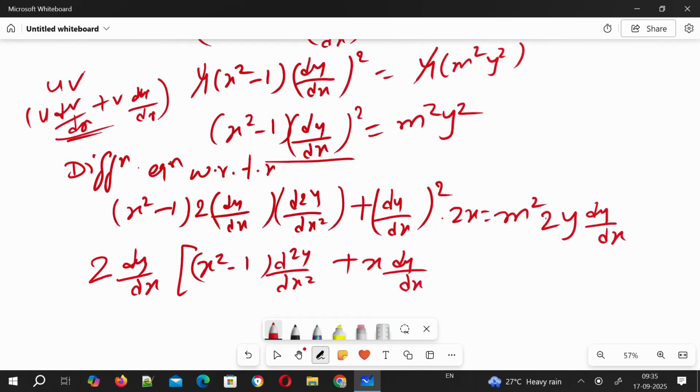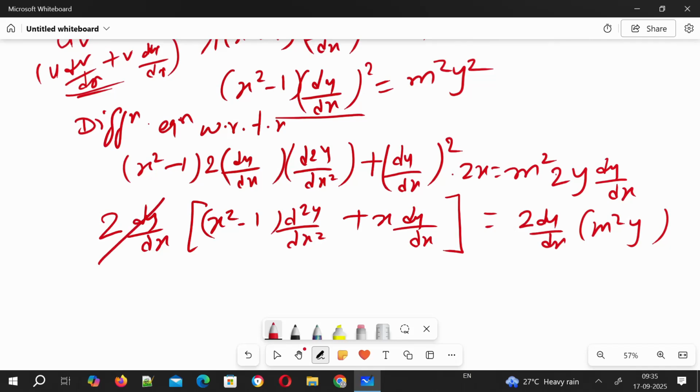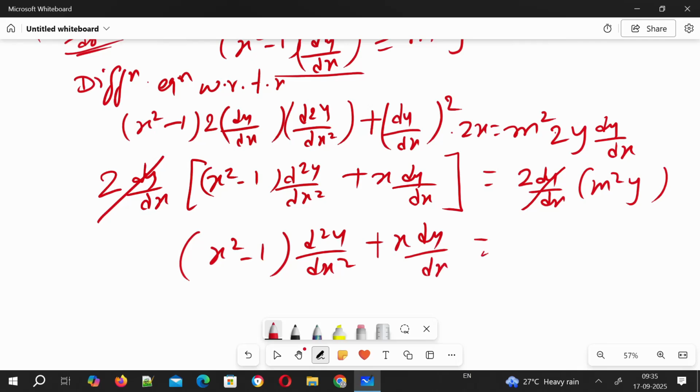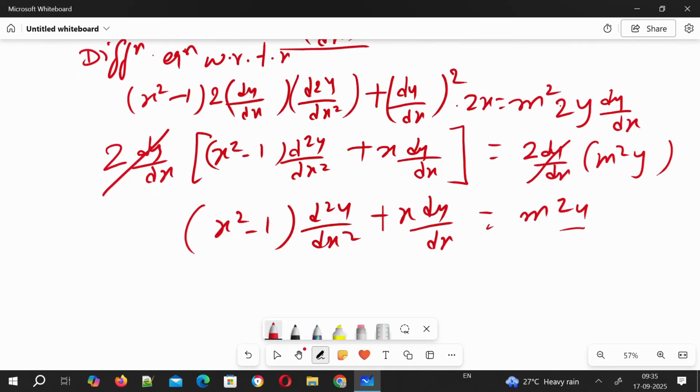Here you can write 2 dy by dx and m square y. Okay, so you can delete the common terms. Now you can write (x square minus 1) d2y by dx square plus x dy by dx equal to m square y.